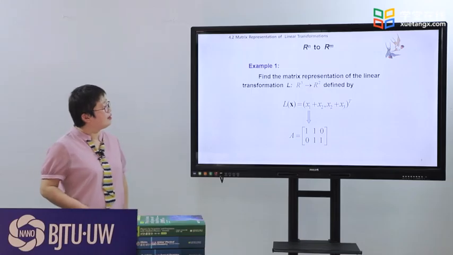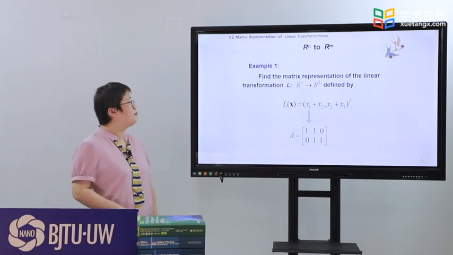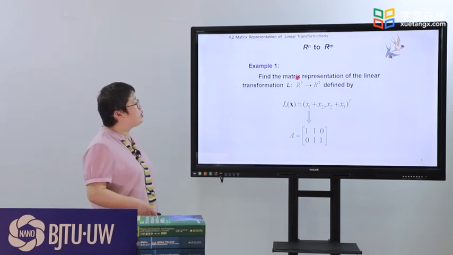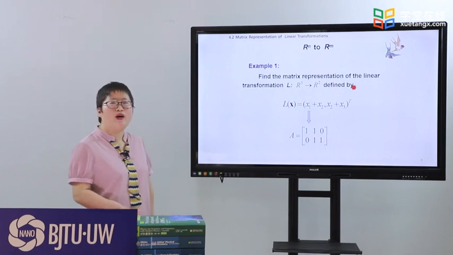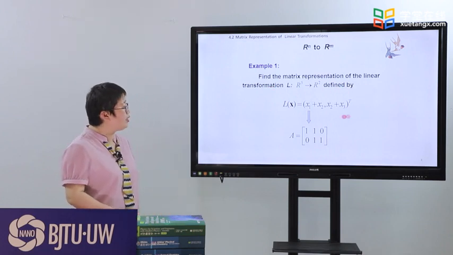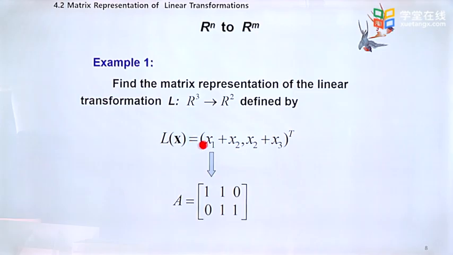Okay, let's see this example. Example 1 asks you to find the matrix representation of the linear transformation L from R3 to R2 defined this way: L(x) equals x1 plus x2 for the first component and x2 plus x3 for the second component. Here we don't mention other bases, so we use the standard basis.